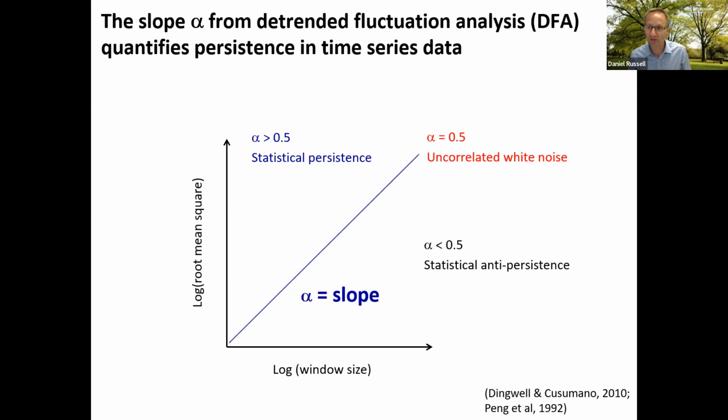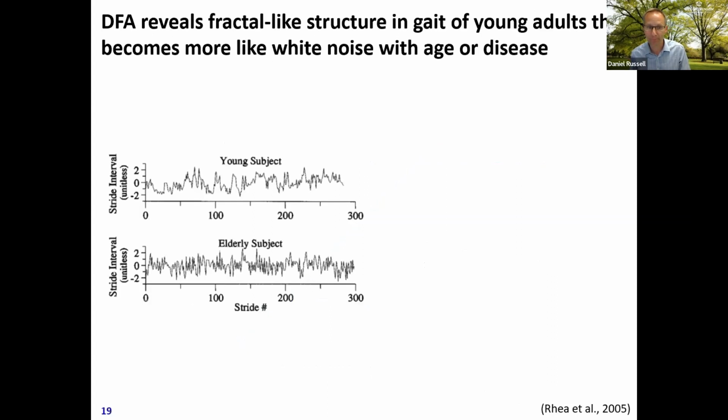Here you see drifts: longer stride times are followed by longer, and longer, and then you'll drift down to shorter and shorter. So fractal properties would be revealed by values above 0.5. If you get a slope up towards 1, it's considered a pink noise spectrum, suggesting that there's a range of temporal scales present in your time series.